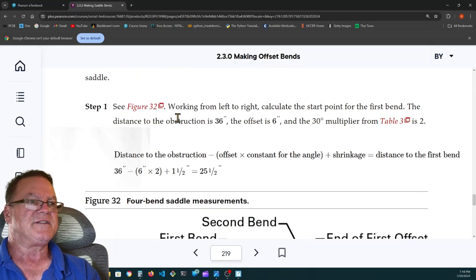So basically, see figure 32. It says, working from left to right, calculate the start point of the first bend. The distance to the obstruction is 36 inches. The offset is 6 inches, and the 30-degree multiplier from table 3 is 2. So the distance to the obstruction minus the offset times the constant for the angle plus the shrinkage equals the distance to the first bend.